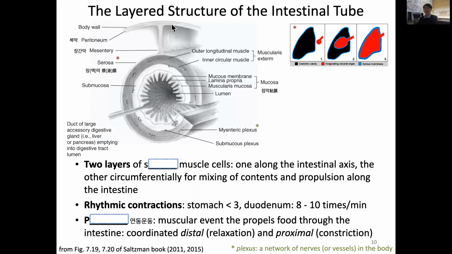So there are a few anatomical structures which I want to discuss with you. First, the hollow space inside the intestinal tube is called the lumen. Second, this blue lining, which is called the peritoneum, is a serous membrane forming the lining of the abdominal cavity.